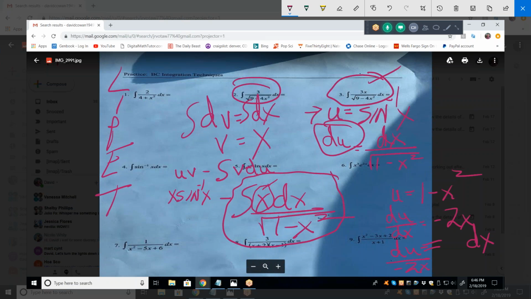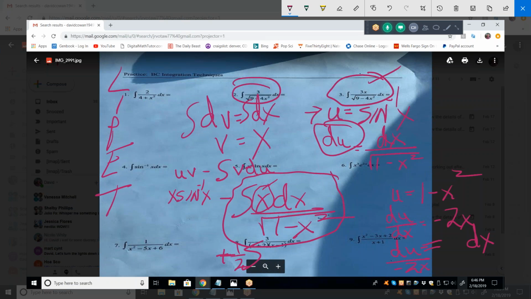Okay, so now how do I write that integral in terms of u? So put a negative 1/2 out front, which turns that into a plus 1/2, because we were subtracting that integral.